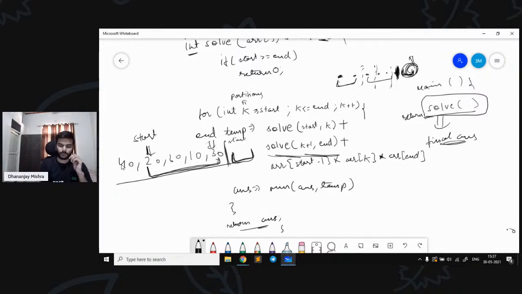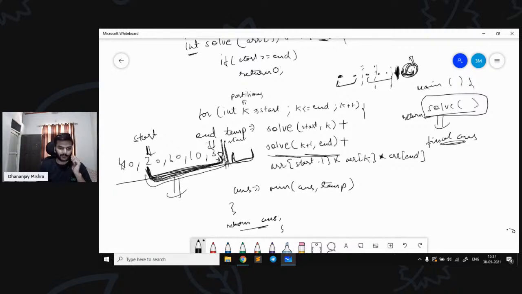But for the left part, you can see that my end is here and my start is here. So if I call my recursive function again, I'll be passing the same range, correct? And in this range, again, if I reach till end here, I will be passing the same range again. So you will be doing computations for the same range again and again.